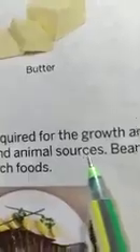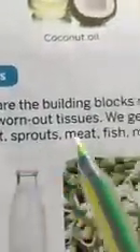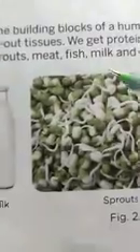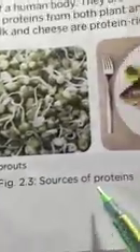Dear students, they are obtained from animal sources. Beans, dal, wheat, sprouts, meat, fish, milk, and cheese are protein rich foods. I will show you pictures, dear students: milk, sprouts, and fish, sources of protein.